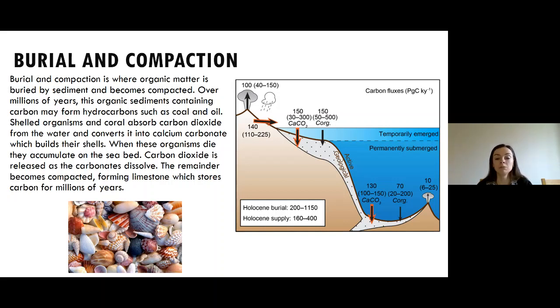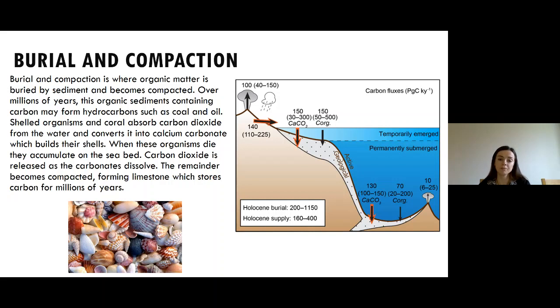When these organisms die, they sink and accumulate on the seabed. Carbon dioxide is released as the carbonates dissolve. The remainder becomes compacted, forming sedimentary limestone, which stores carbon for millions of years.